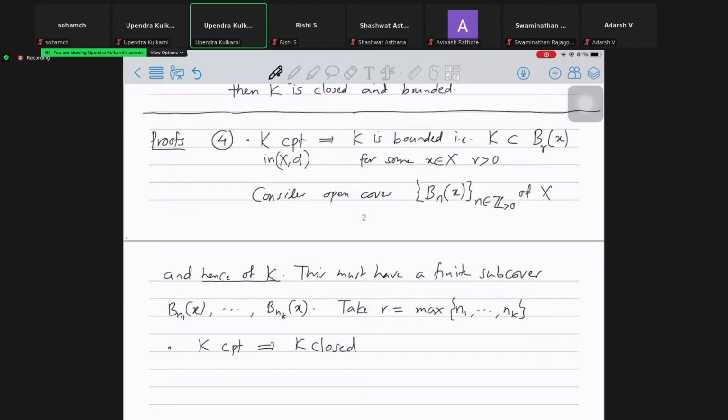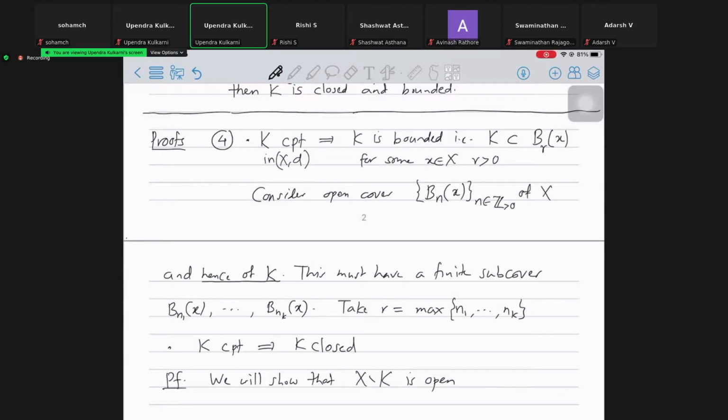I need to show that some set is closed. So what does it mean to prove that? It means that X minus K is open. That's what it means to show that a set is closed, correct?